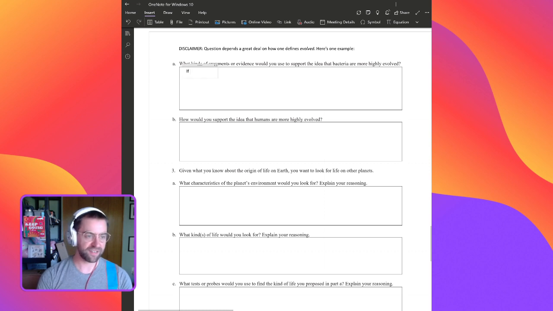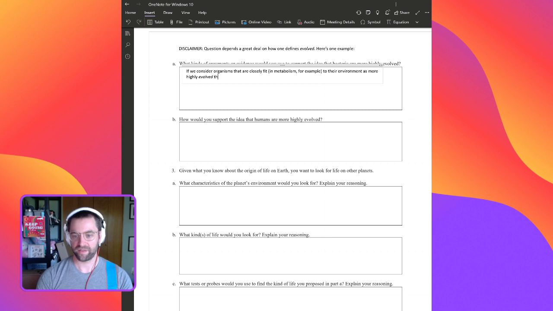So if we consider organisms that are closely fit in metabolism to their environment as more highly evolved, then we could say that many species of bacteria are more highly evolved than humans.